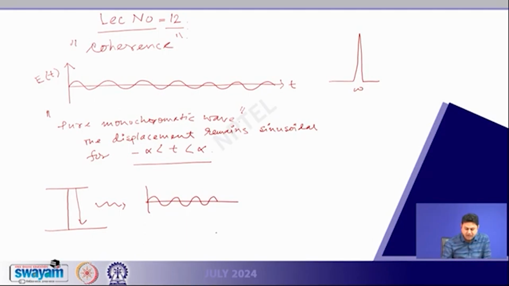However, there are different energy states in the source, and they emit light in different phases. So the radiation coming out is discontinuous over the phase. This kind of discontinuity is what we expect from an actual source.